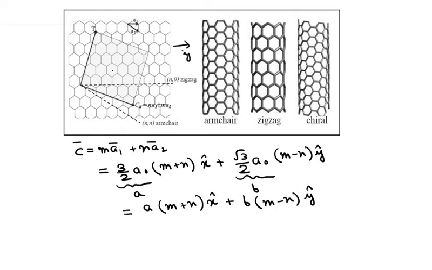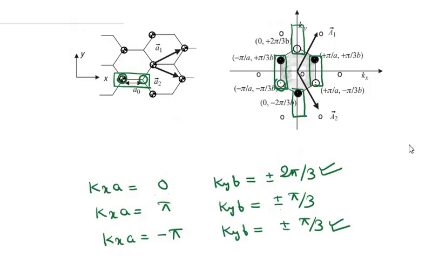This is our y axis, and this is our x axis over here, because that is the way we chose our lattice translation vector. So if you look at this diagram, you can understand easily that this was the zigzag direction. Let me just use a different color over here.